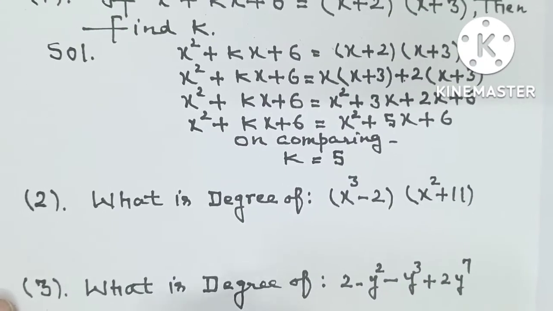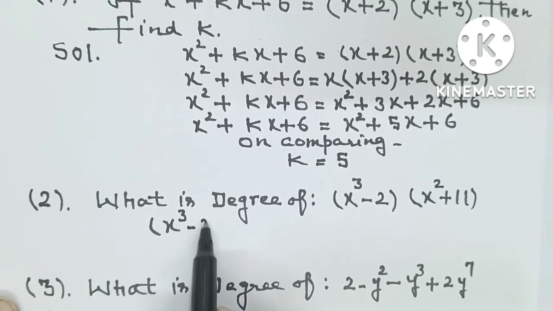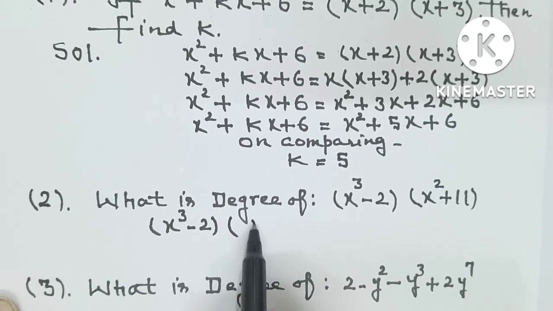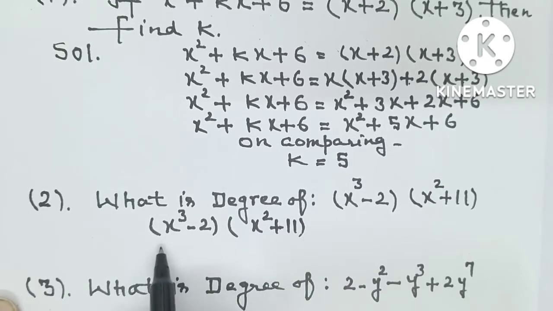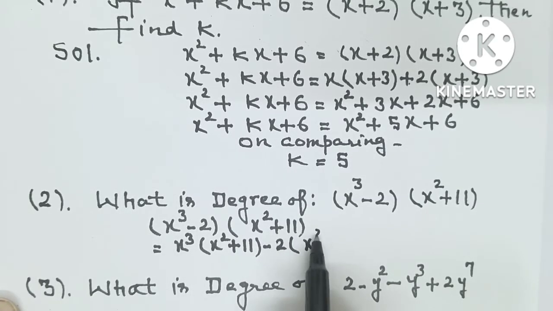The next question is: write the degree of this polynomial, x cube minus 2 into x square plus 11. So we can solve it. It is x cube into x square plus 11, then minus 2 into x square plus 11.